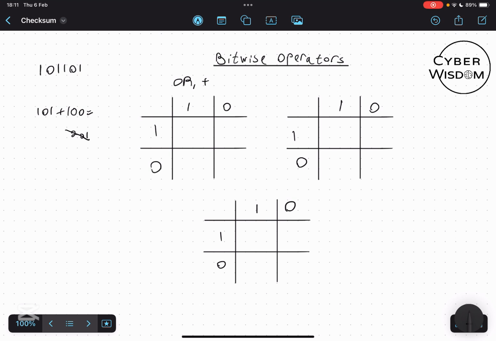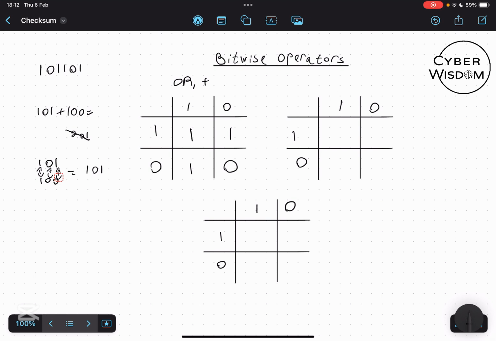So OR is always telling, give me at least one 1. Bitwise operators compare each digit to each digit. So 1 and 1 gives 1, 1 and 0 gives 1, 1 and 0 gives 1, 0 and 0 gives 0. So the answer is 1, 0, 1.